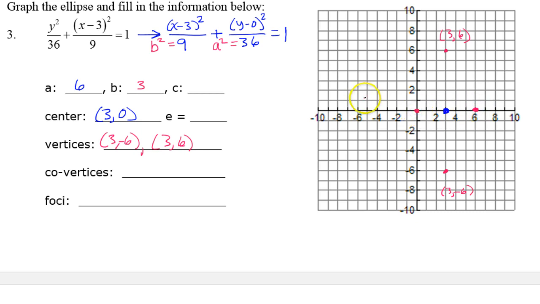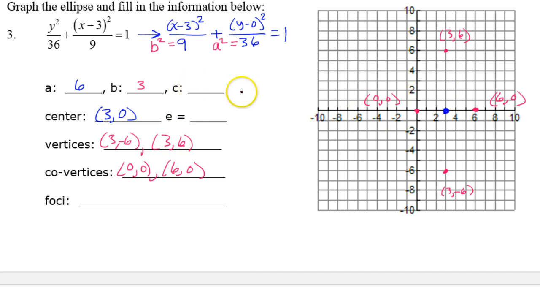These are my co-vertices, 0 comma 0 and 6 comma 0. I really could draw the ellipse right now, but I will save that for the end.